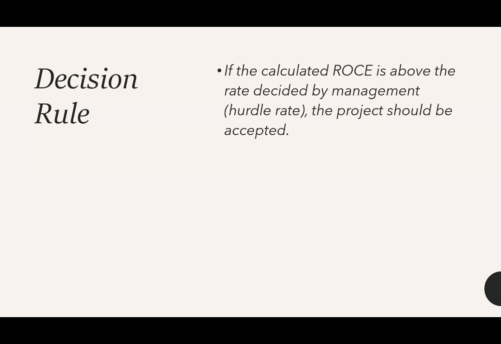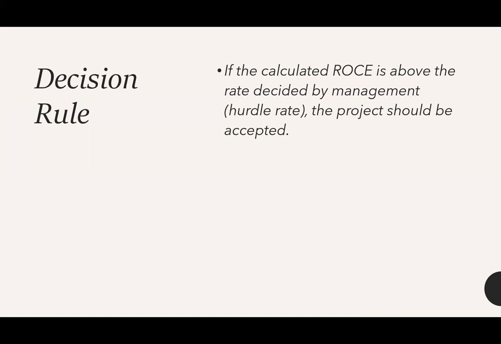But before that, let's see when an investment manager will proceed with an investment. If the calculated ROCE is above the rate decided by the management, which we also call the hurdle rate, the project should be accepted. Let's say the management wants a project which shows at least 20% ROCE, and the investment you're considering shows an ROCE of above 20%.